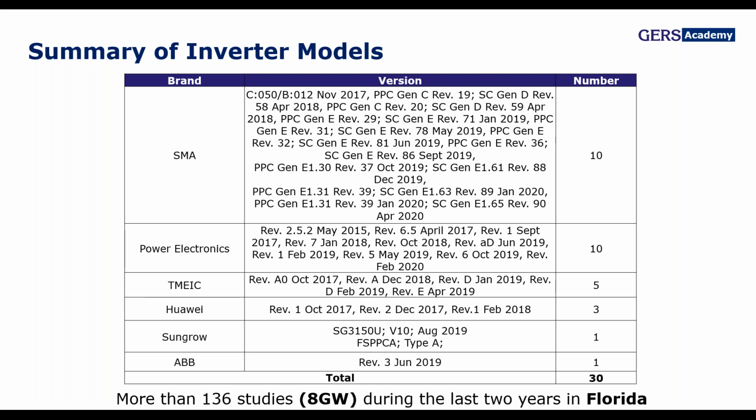Grid codes have been evolving during the last decade, and at the same time, parameters and control actions have evolved as well. That is an important part, and that is why we received several comments and requests from transmission planners in order to make these three sections related to inverter-based resources.